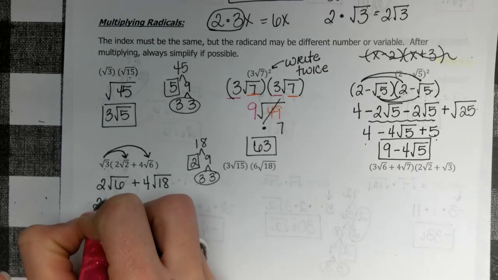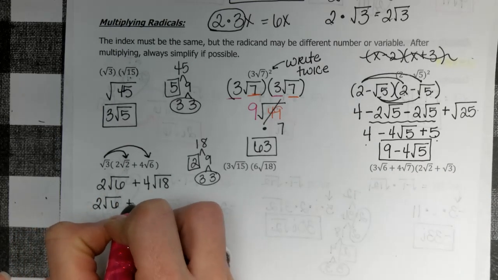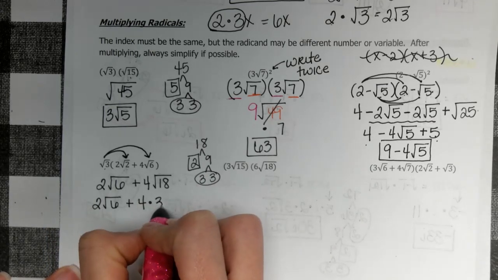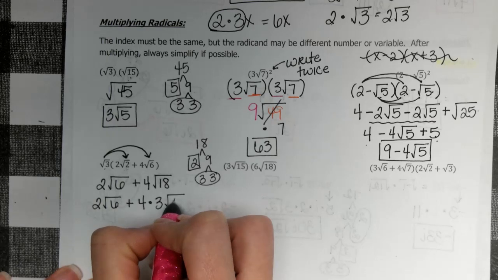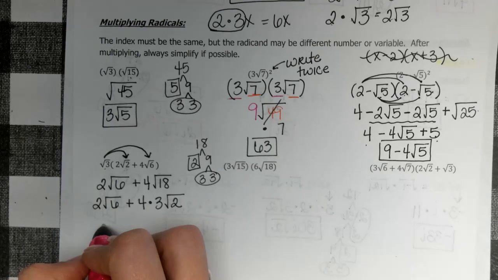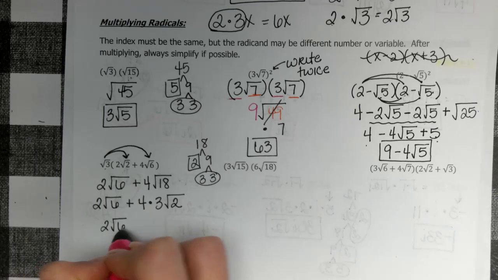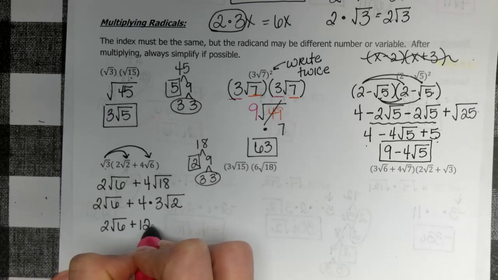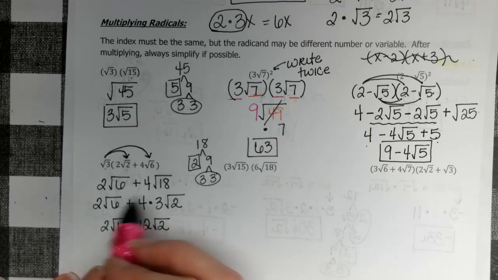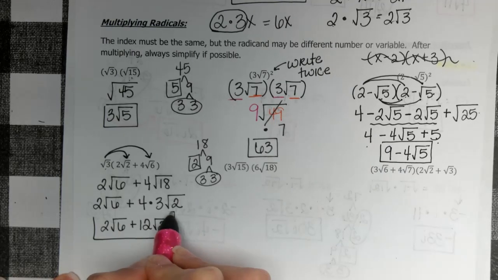So 2 square root of 6 comes down, plus I've got 4 times the 3 that I paired with the square root of 2 that's left over. So I have 2 square root of 6 plus 12 square root of 2. I cannot combine those because they're not like radicals, so that is my answer.